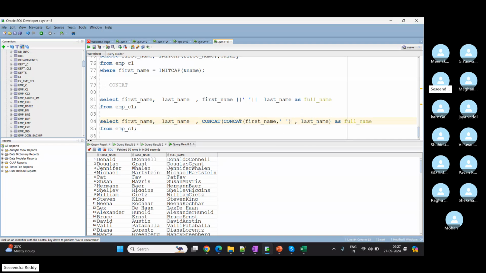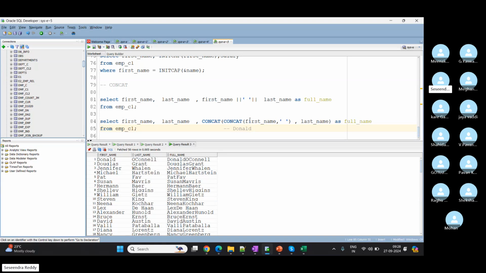Here, first the inside concat function gets executed. For first name, it will concat space, meaning it will add space next to first name. After that, our outer function will execute. Let me show you the result. Let's say first name Donald, and it is concatenating space, so there will be a space.